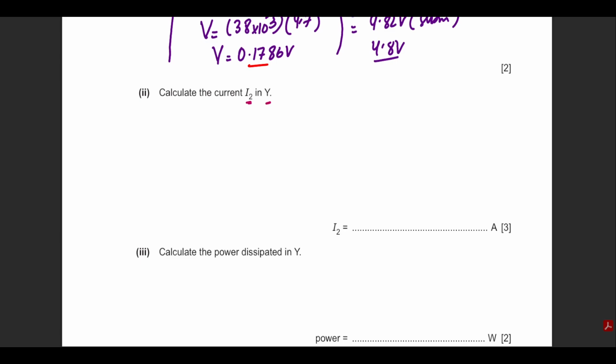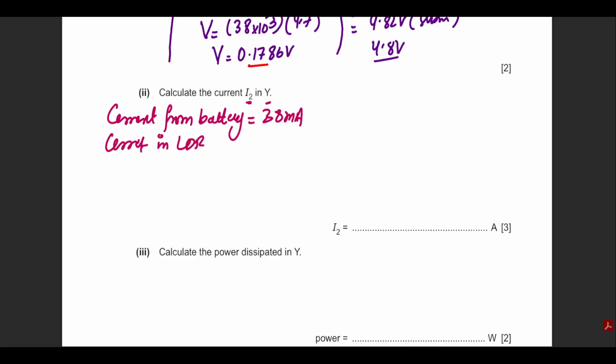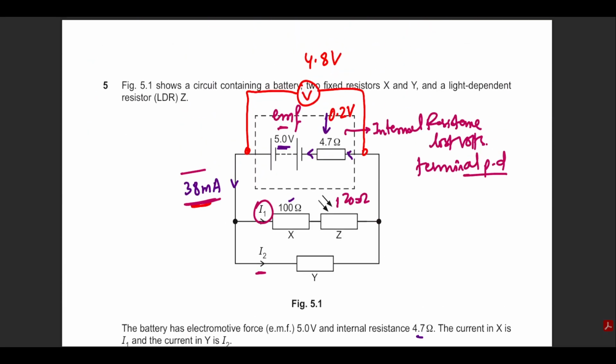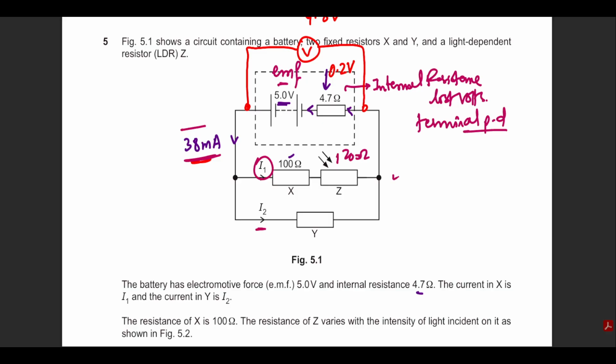So let's write this in a statement. So the current from battery is 38 milliamps. The current in LDR branch will be, now notice that this is actually in parallel. Since these branches are in parallel, they both will get 4.8 volts.